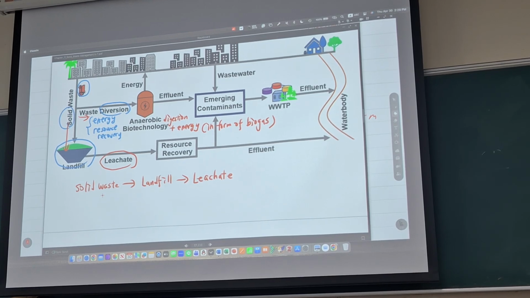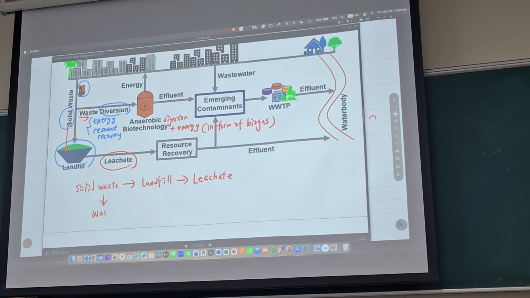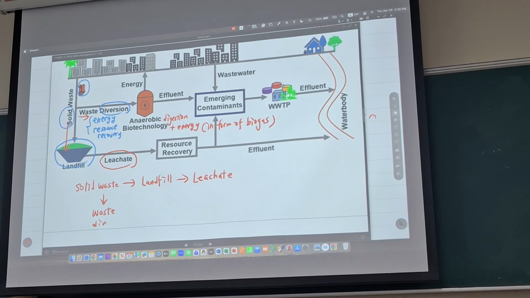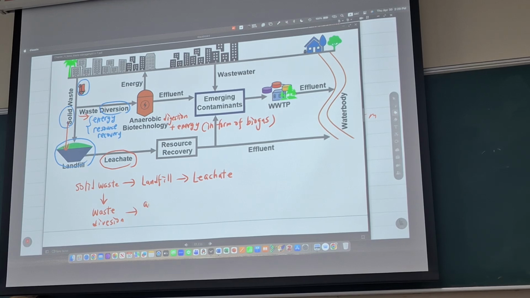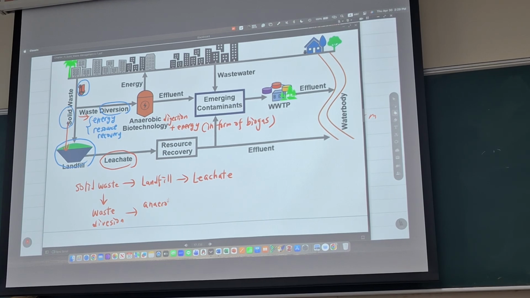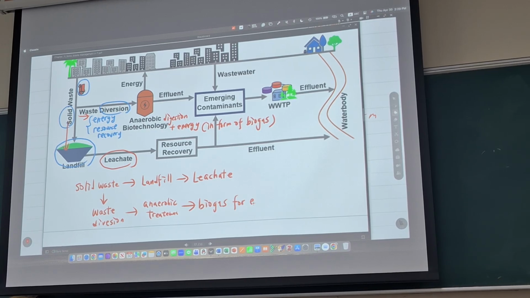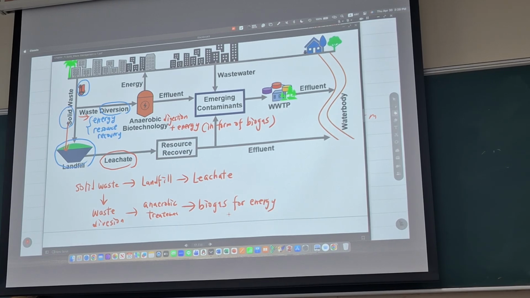And some solid waste can go to waste diversion. And normally we use anaerobic treatment for it, and it can generate some biogas for energy. Understand?